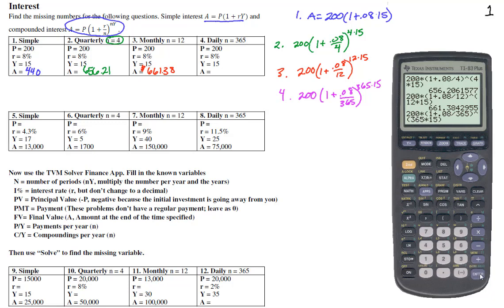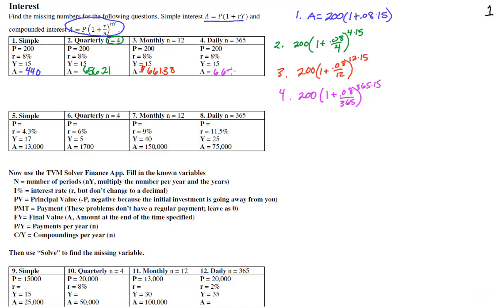We've typed it in again, and we get 663.94. And notice we're now compounding almost always now. And so we see we're getting more and more the more often we compound, and then eventually we get to what's called continuous compounding, but that's not for this particular section.